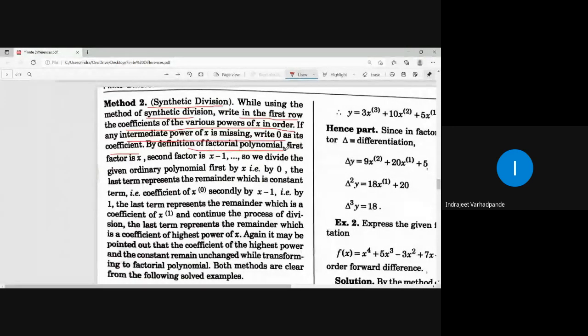By definition of factorial polynomial, the first factor is x, the second factor is x minus 1. So we divide the ordinary polynomial first by x, that is the factor 0. The last term represents the remainder, which is the constant, or the coefficient of x to the power 0. After dividing with the first factor 0, whatever remainder is obtained will be the constant term, the coefficient of x to the power 0.